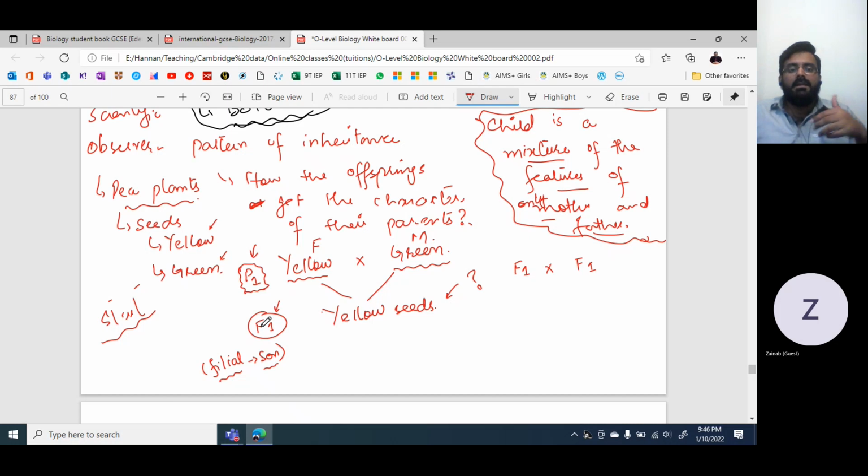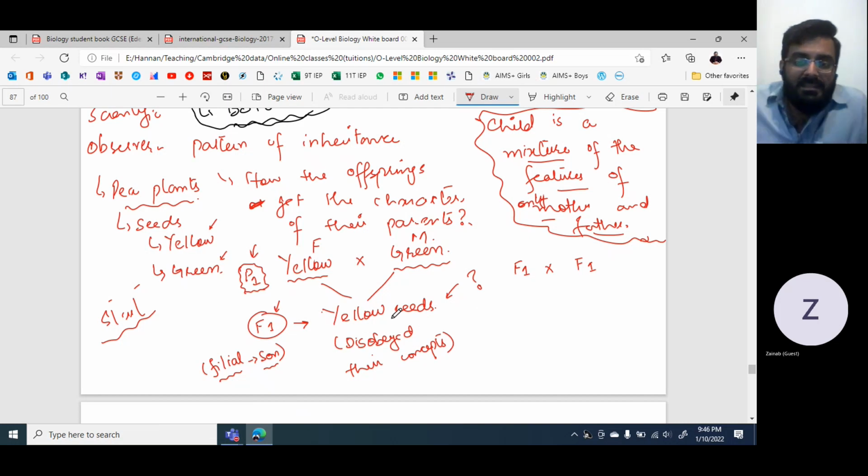F1, filial one, which means this is the first generation, and this generation totally disobeyed their concepts. What were the concepts? That an offspring is a mixture of its parents.